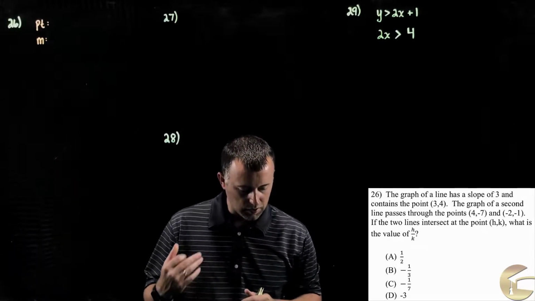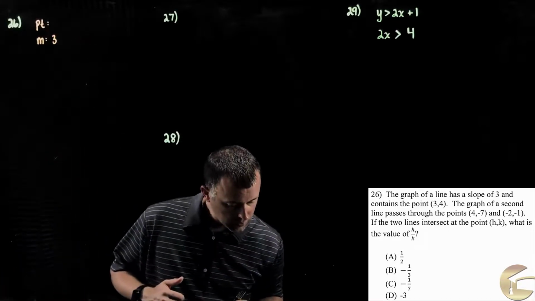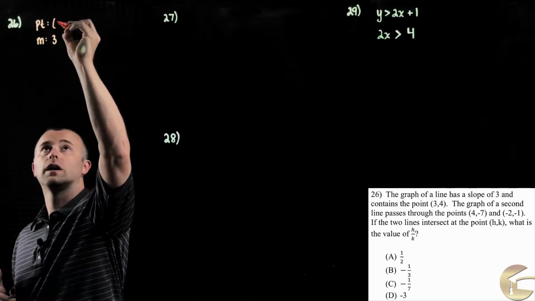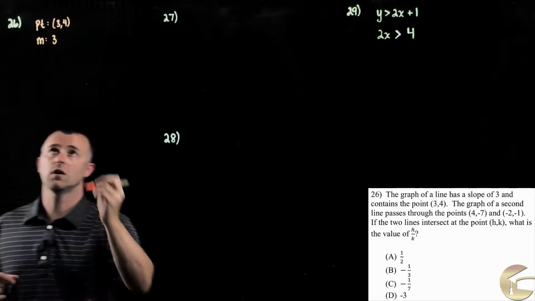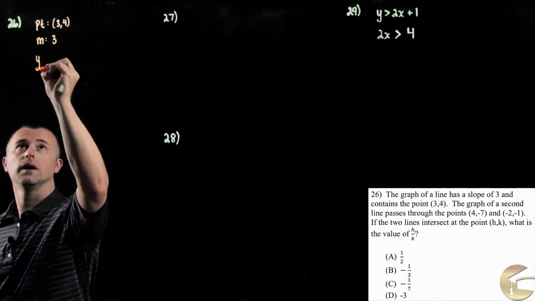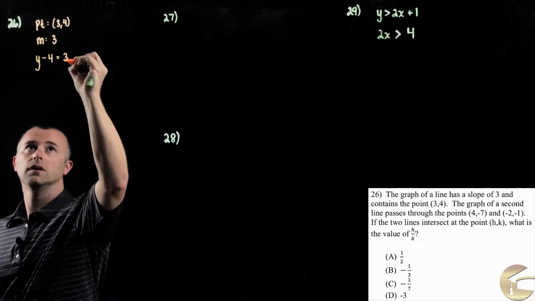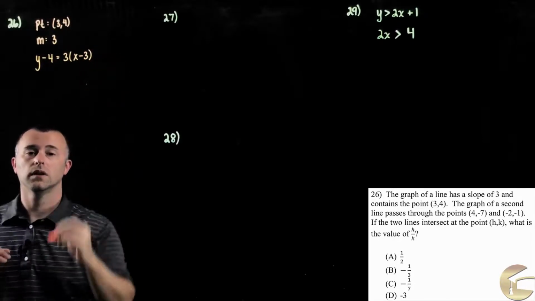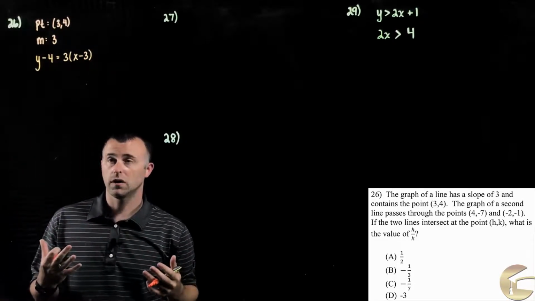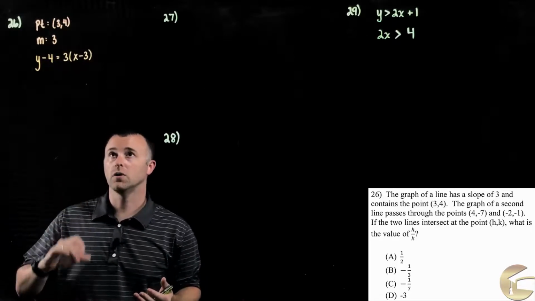So we have a slope of 3 and we have a point of 3, 4, which means I can write the equation for this problem. So I'm going to go ahead and do that real quick. I'm going to go y minus y1, so y minus 4 equals m times x minus x1, which is x minus 3. With this equation, what you'll see in this problem, we're going to want to put it in slope-intercept form anyway, so I'm going to go ahead and do that.